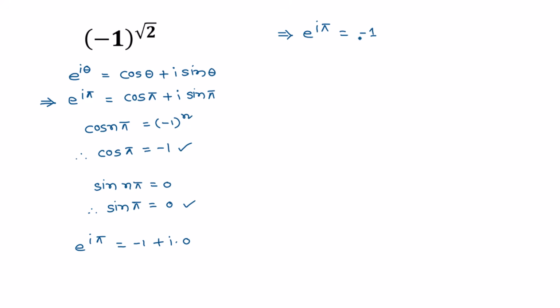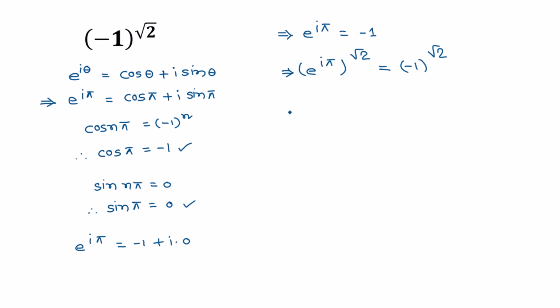Now raising both sides to the power of square root of 2 to get the value of -1 to the power of square root of 2, we can write e to the power of i times pi, whole to the power of square root of 2, is equal to -1 to the power of square root of 2.